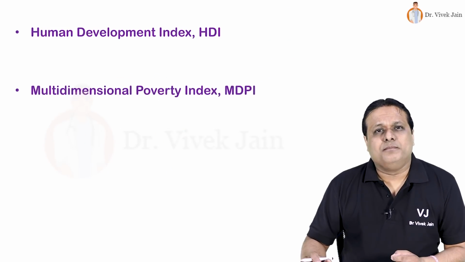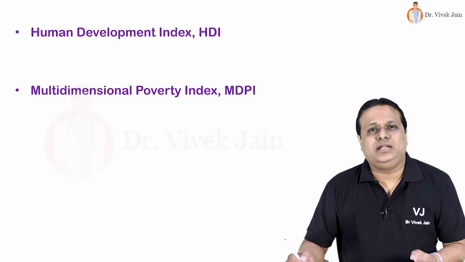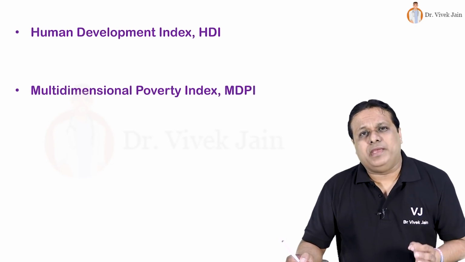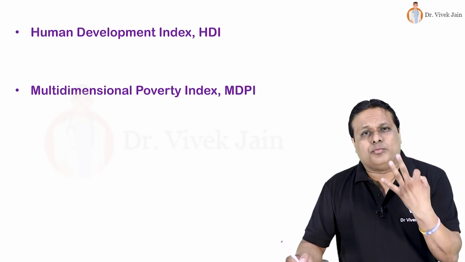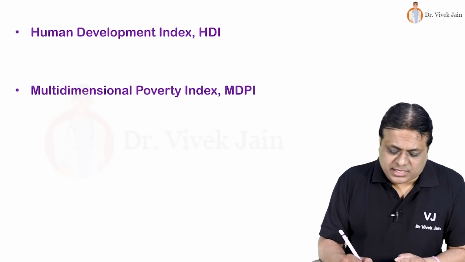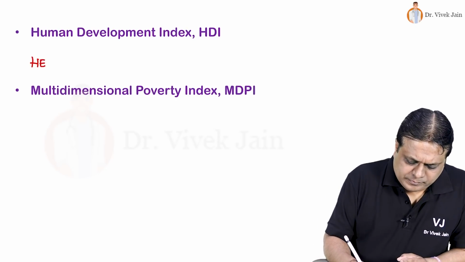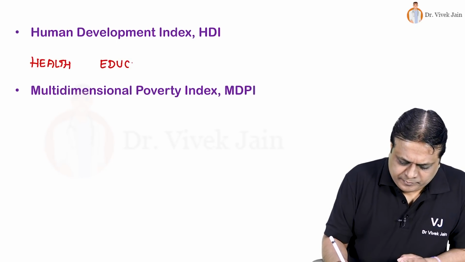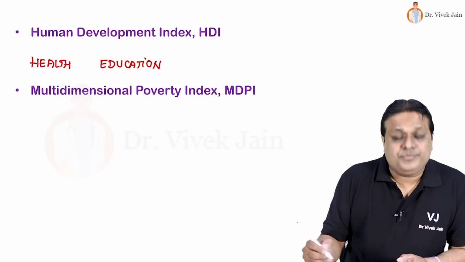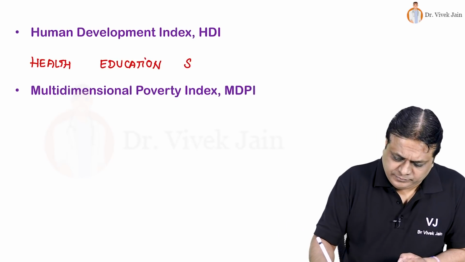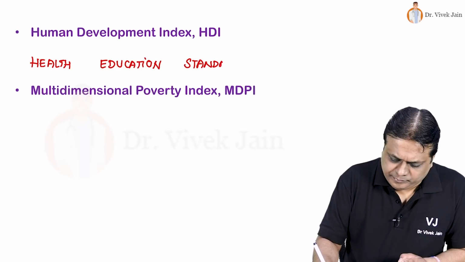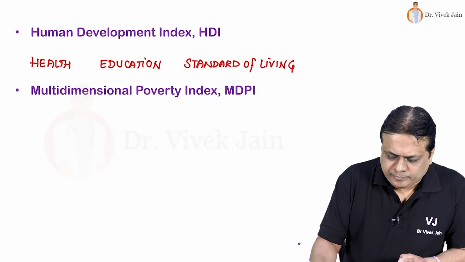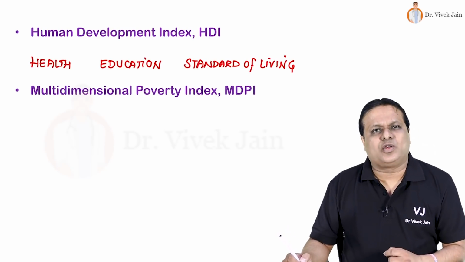That is MDPI, multi-dimensional poverty index. Even MDPI is based on the same three components like HDI. These are health, education, and living standards or standard of living.